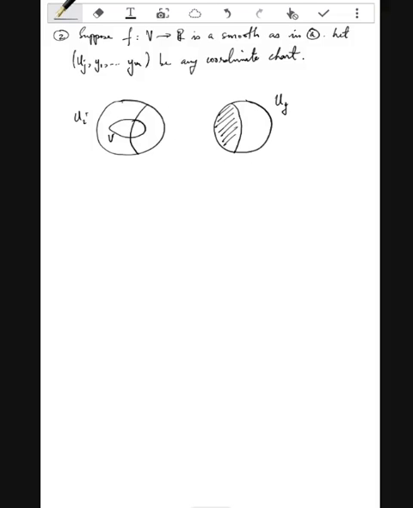Then we have a picture like this. This is my U_i. V is contained inside this. This is my V. This is my U_j. This is U_i intersection U_j. This is U_ji. This is U_ij. And here we have this portion. We have this map like this, phi_ji.